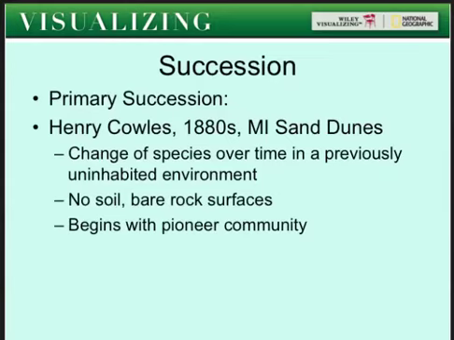A lichen is a symbiotic relationship between a fungus and an algae, and it's one of the hallmark pioneering species in succession. The algae gives the lichen its green color, and the algae is capable of photosynthesis, so it can take carbon dioxide and water from the air, and it can convert it into chemical potential energy in the form of starch, basically sugars.